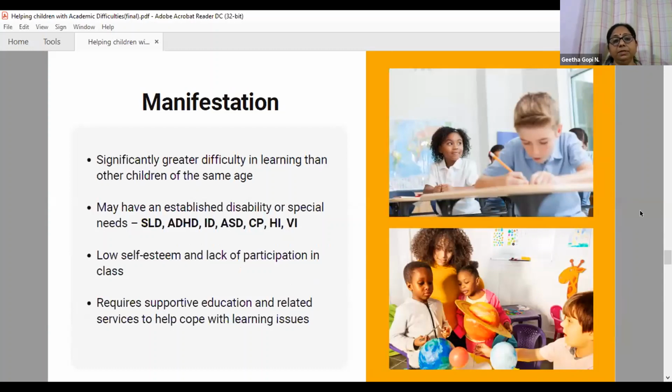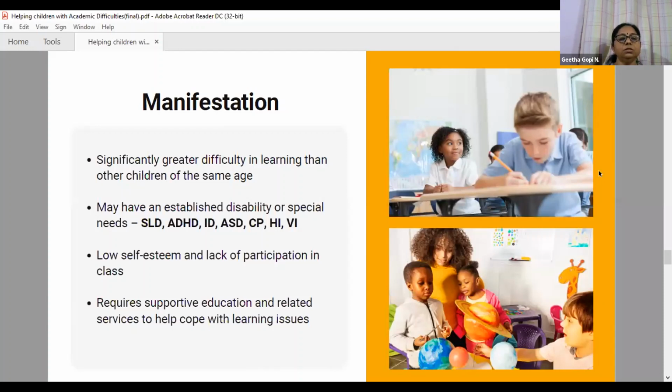They may have an established disability or a special needs condition, and many of these have already been covered in a lot of Ability webinars: specific learning disorders, ADHD, attention deficit hyperactivity disorder, intellectual disability, autism spectrum disorder, cerebral palsy, hearing impairment, vision impairment. Sometimes there are combinations of multiple disabilities. One disability may occur with another. So all this compounds the academic difficulties.